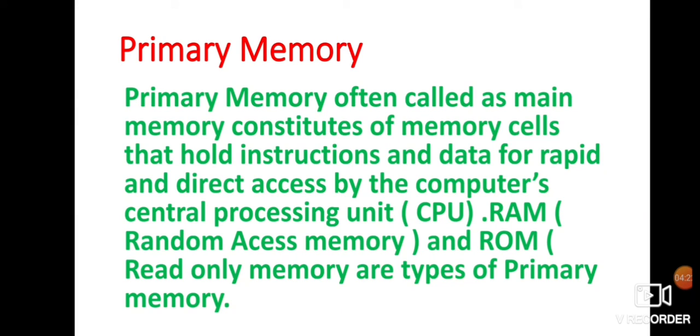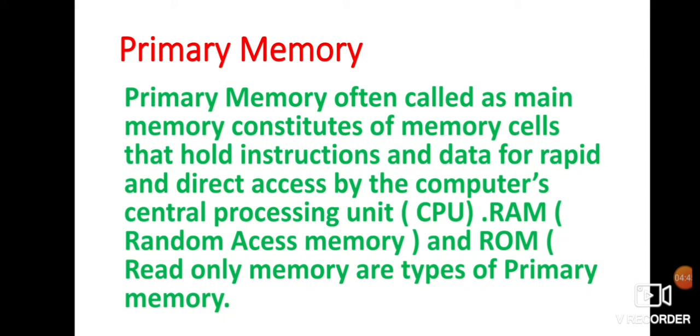They have small space, but they are very fast, so they are directly linked to the computer. Students, the CPU speed is very fast and it needs memory which is very fast. So primary memory is directly attached to the CPU, and being very fast, it therefore works with the CPU quickly.